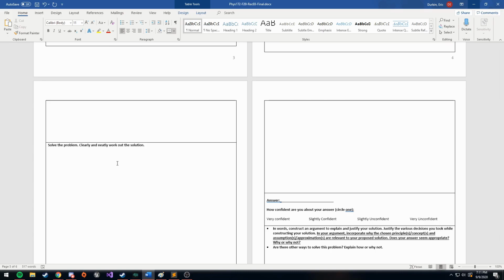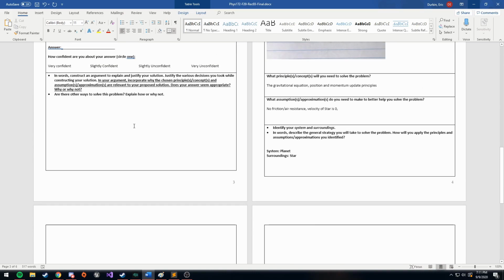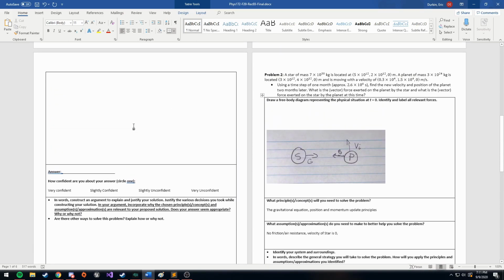Mass 1 is, oh, I have to pull up the formula. Times 3 times 10 to the 24. Magnitude of.